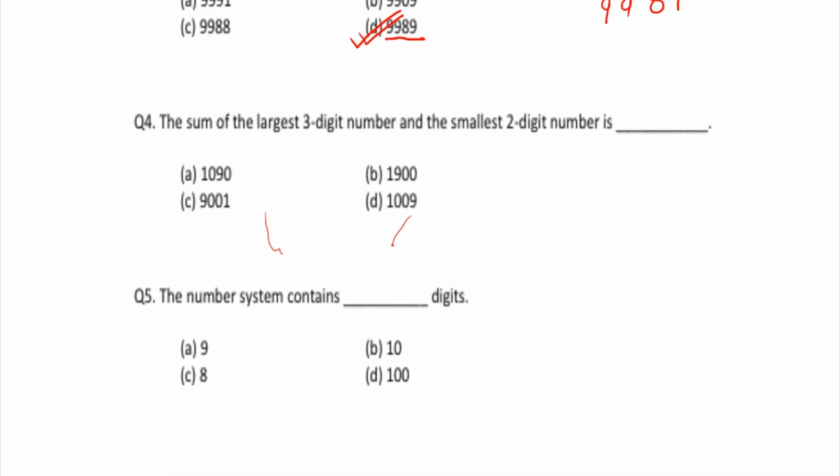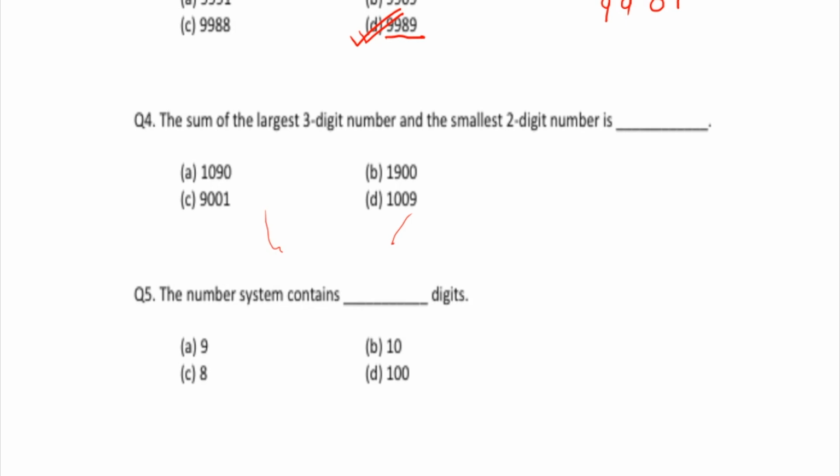Okay, moving on to question number 4. The sum of the largest 3-digit number and the smallest 2-digit number. You have to find the sum. Which is the largest 3-digit number? The largest 3-digit number is 999. And the smallest 2-digit number is 1 and 0, that is 10.